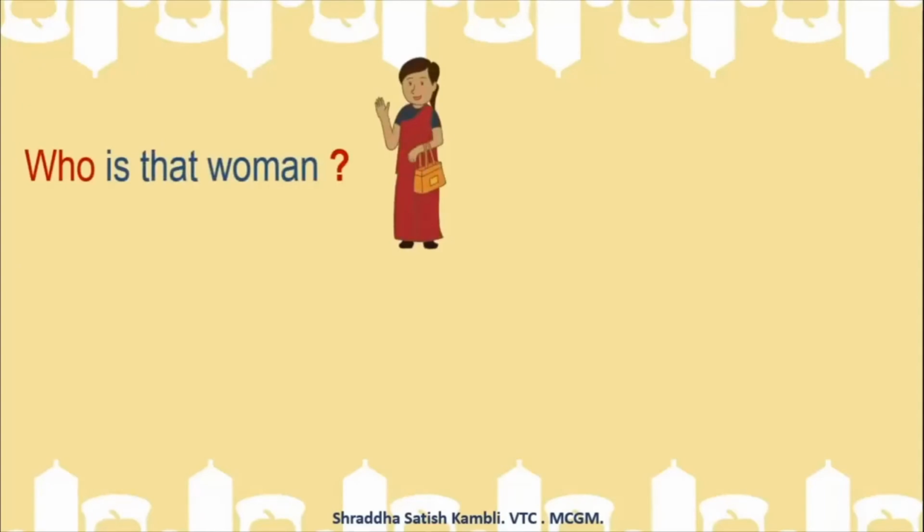Who is that woman? So there are three things that we are going to notice here. One is it starts with a capital letter W. It starts with a question word who, and it ends in a question mark. Okay, so these three things we're going to check in all the question examples.